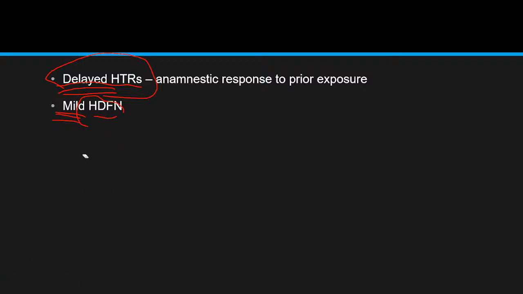So it's not that important in hemolytic disease of the newborn, but it is important for delayed hemolytic transfusion reaction because of the anamnestic response. All right? So we're not going to delve deeper into that. There's no other things that we need to discuss about it. We're going to move on with the MNS system.